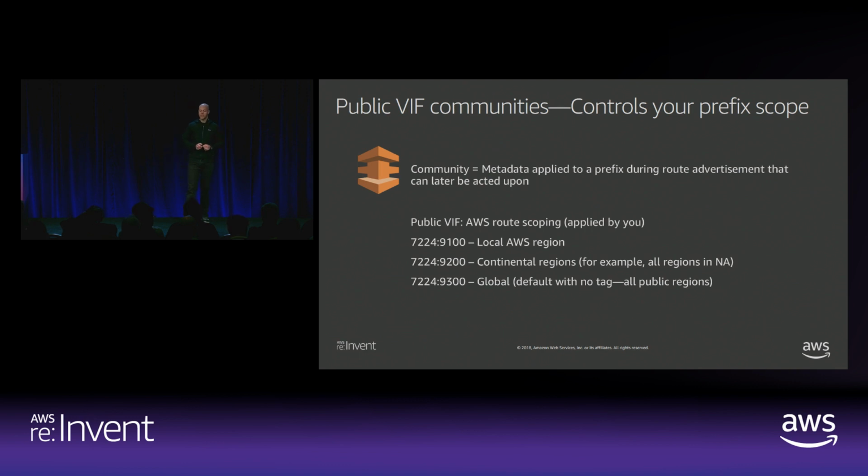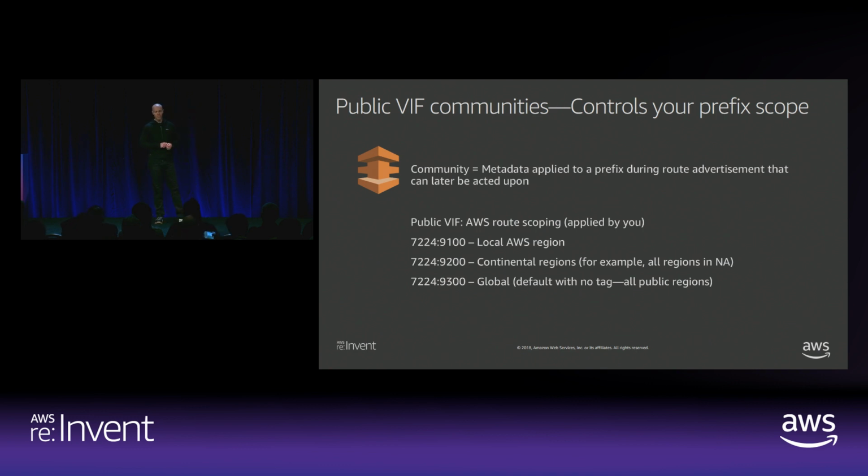We first introduced community support on public VIFs, different than what we were just talking about, in order to manipulate the way we advertise routes that were sent to us. If you remember when we discussed public VIFs, by default, they're configured to allow bidirectional connectivity to any global public service.